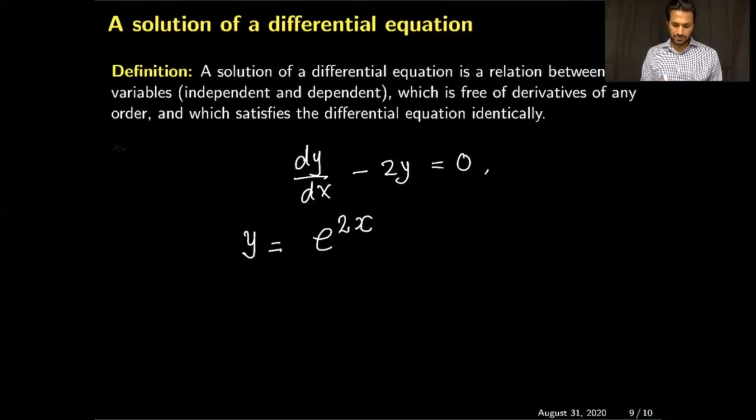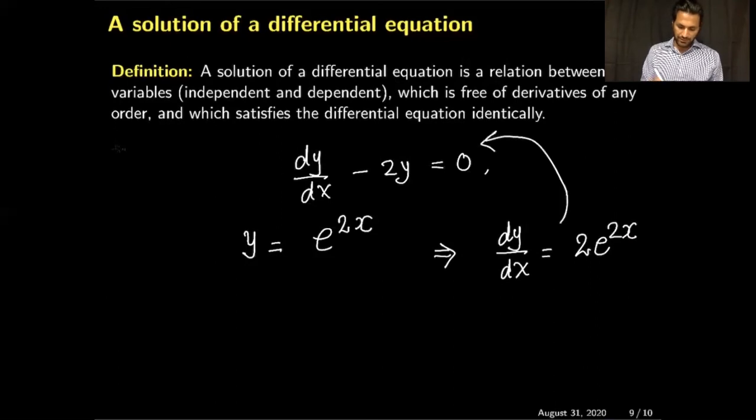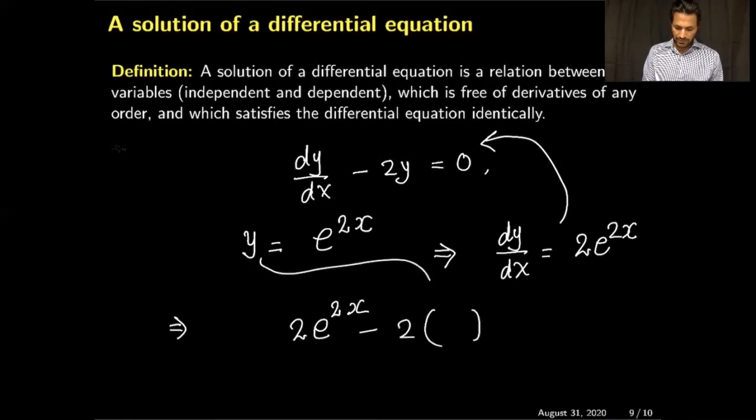My guess is y is equal to e to the power 2x, because the derivative dy by dx of this function is going to be 2 e to the power 2x. If I plug that back into my differential equation, I get 2 e raised to power 2x minus 2 times y, which is e to the power 2x, is equal to 0.